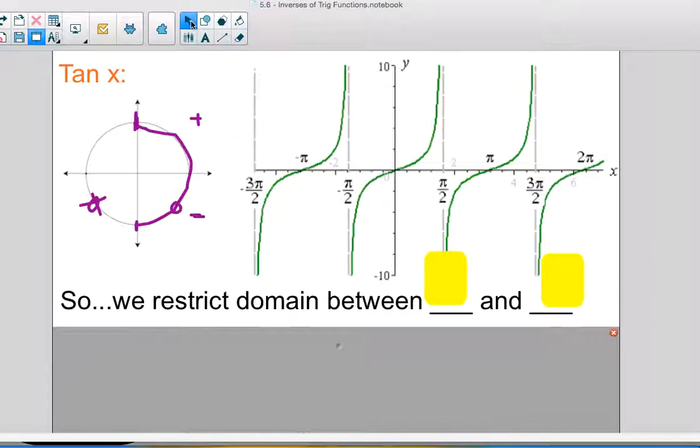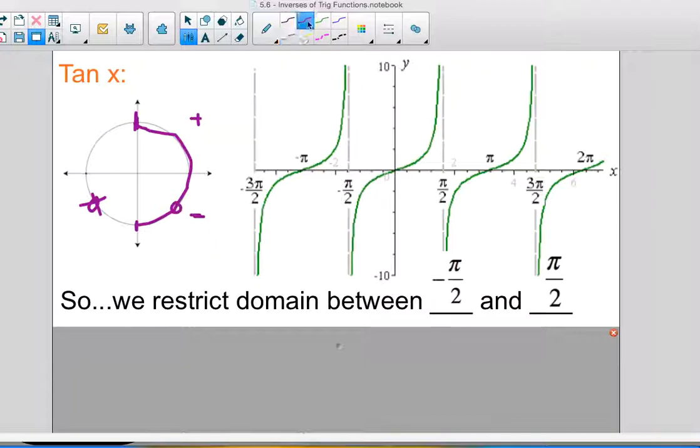So again, that's between negative pi over 2 and pi over 2. There's actually a small difference. Right here, sine, y over r, would be 1 divided by 1, so you'd get 1 right there for sine.